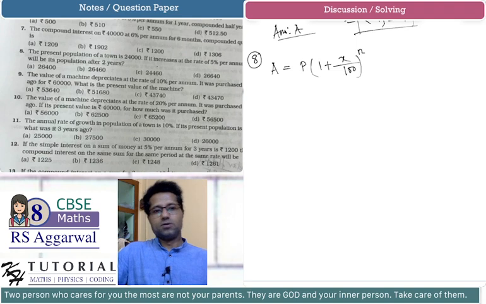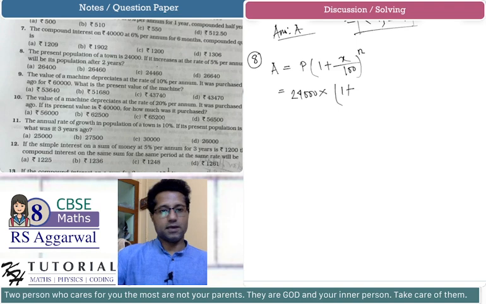Okay, so it is given that the present population of a town is 24,000. If it increases at the rate of 5% per annum, what will be its population after 2 years? Okay, so we can straight away put the values of P, x and n. So P is 24,000 multiplied by 1 plus x is 5 by 100, and we have n is equal to 2.